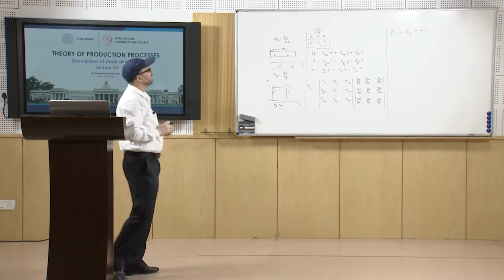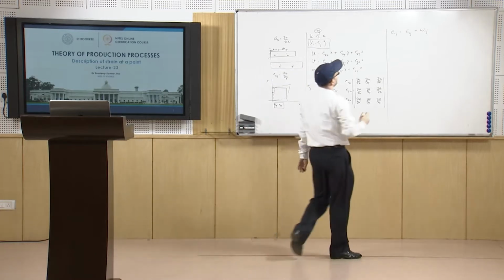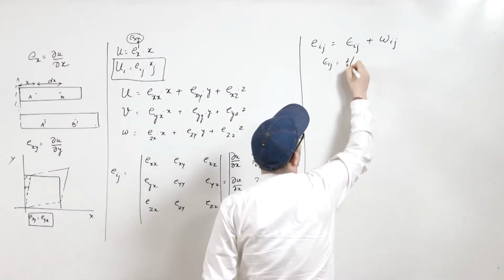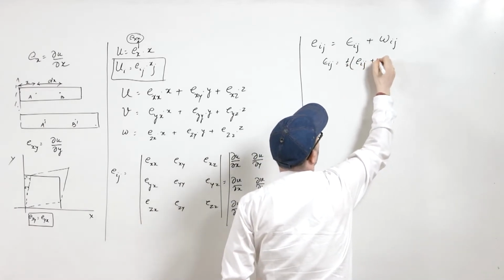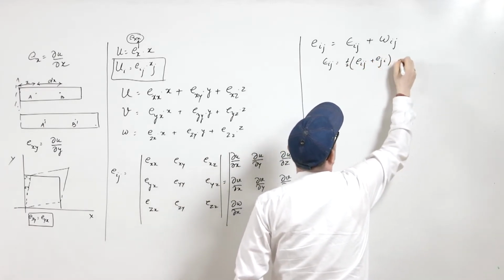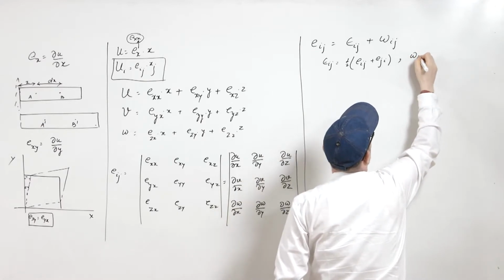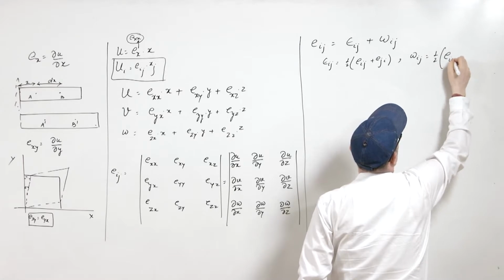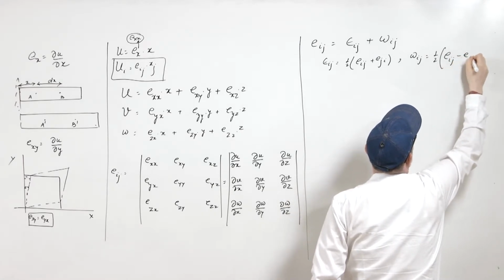Now what will be epsilon ij? Epsilon ij can be written as half of Eij plus Eji, and omega ij will be written as half of Eij minus Eji.